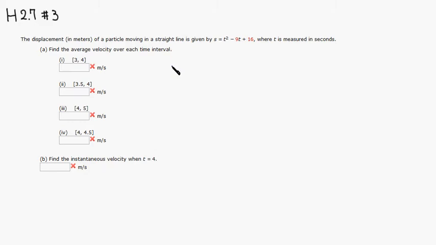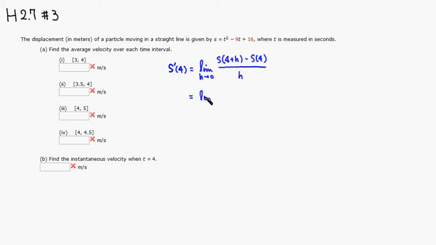So we need to find s prime of 4, which can be found by the limit as h approaches 0 of s of 4 plus h minus s of 4, divided by h. Right?